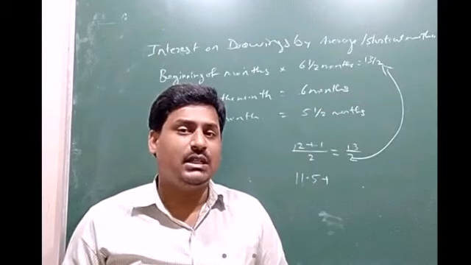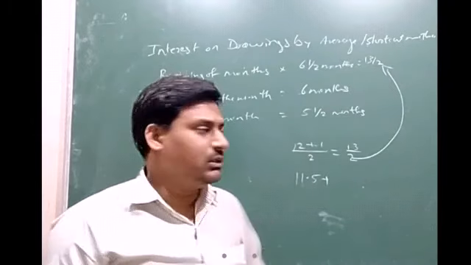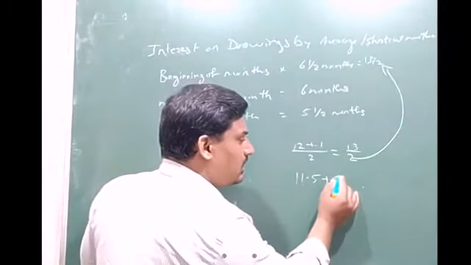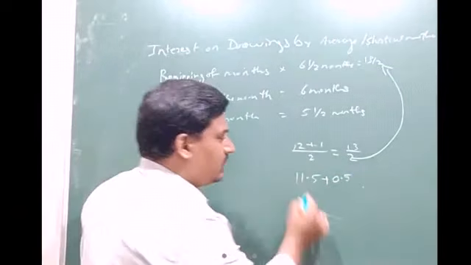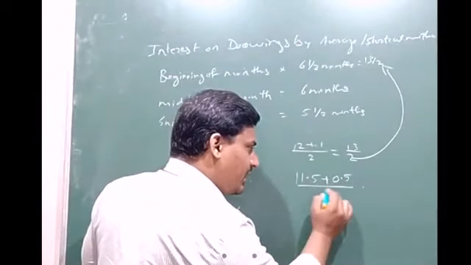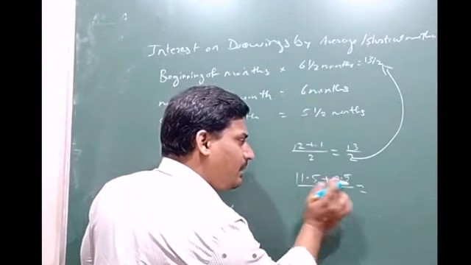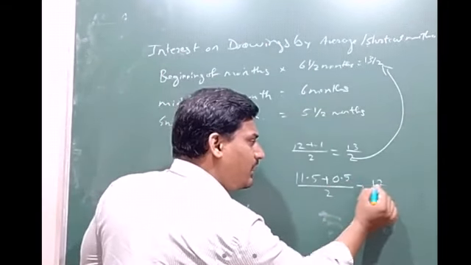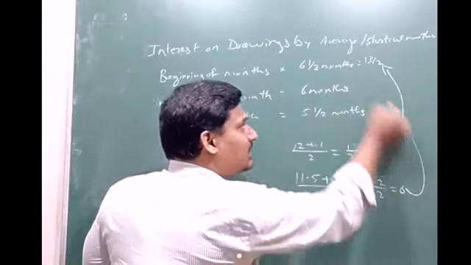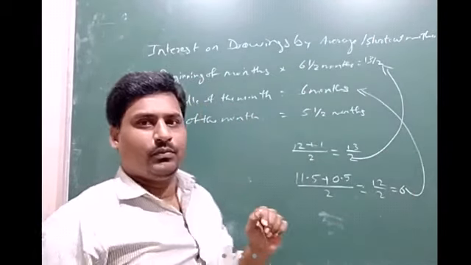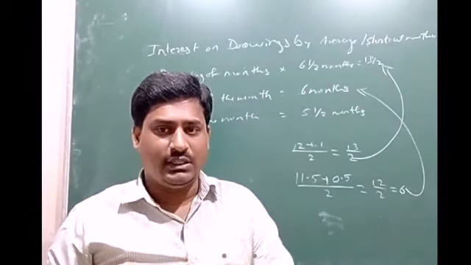That means, in other words, half a month. So the shortest period is half a month. 2 periods are taken, so divided by 2. So 11.5 plus 0.5 is 12. So 12 divided by 2 is equal to 6 months. So the second one is for 6 months.